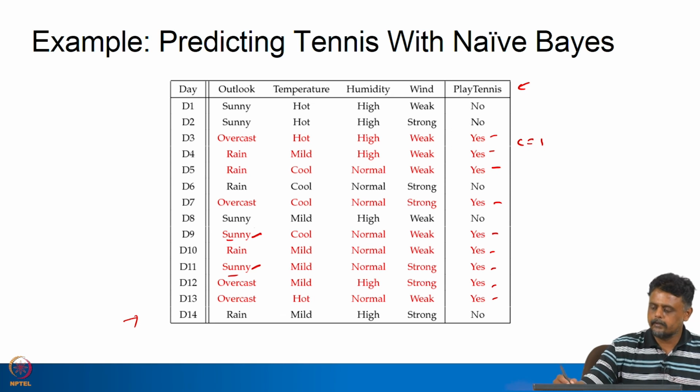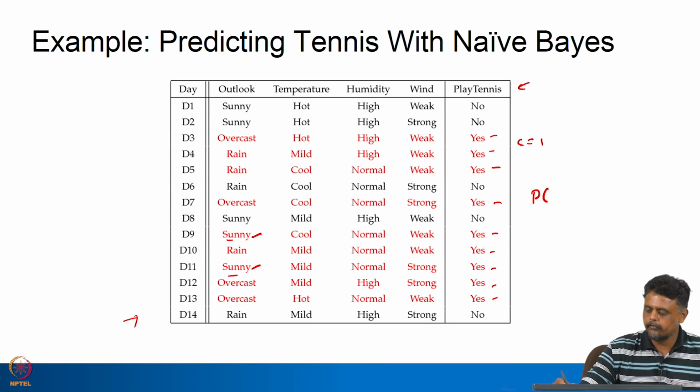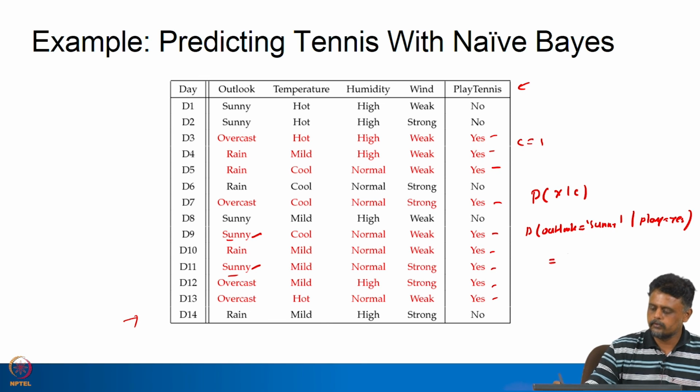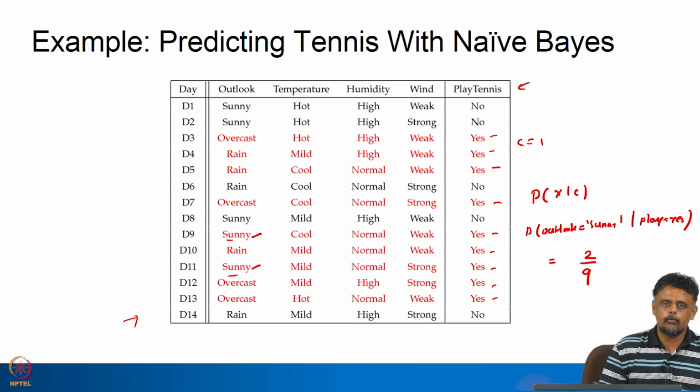So, the probability of x given C, where outlook is sunny given play equal to yes, is 2 over 9. This is what we have to calculate for every one of those variables for every class.